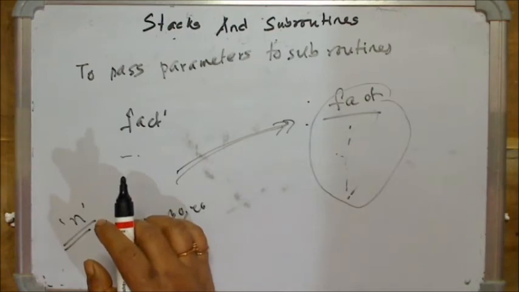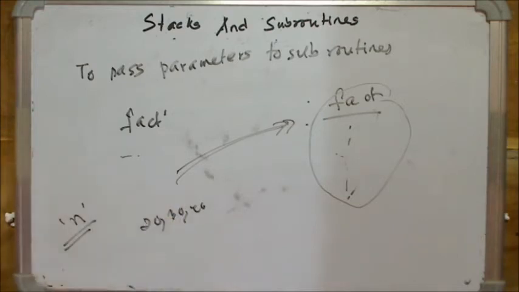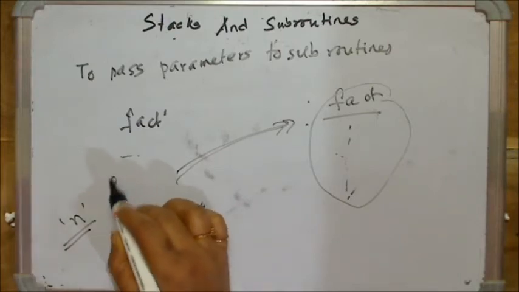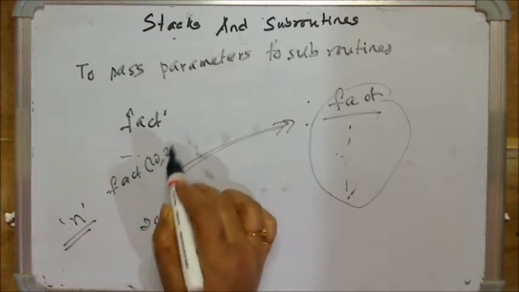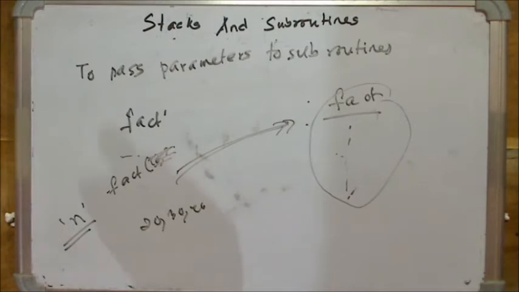Whenever you call the function, you write the number in the brackets, say 10, 20, 30, whatever value you want to find the factorial of.